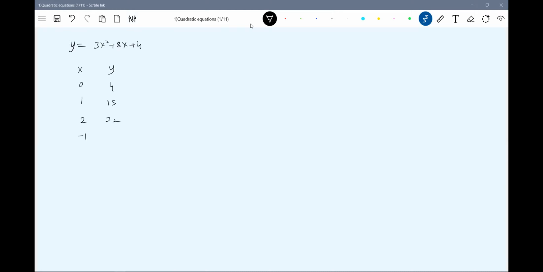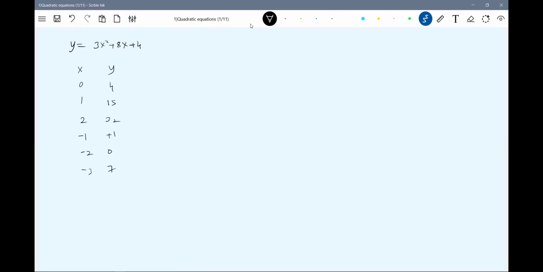It will be 3 minus 8 plus 4, so it will be minus 1. For x equal to minus 2, it will be 3 times 2 square, 12, minus 16, plus 4, and it will be 0. For minus 3, it will again become positive, you can check it: 3 times 9 is 27, minus 24, plus 4, will be 7.